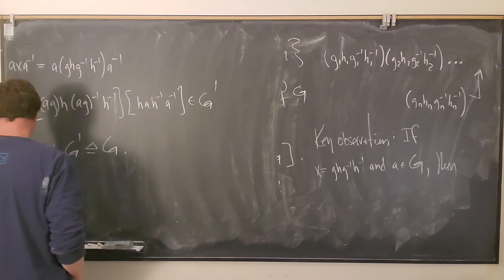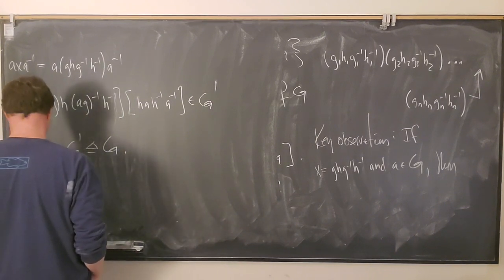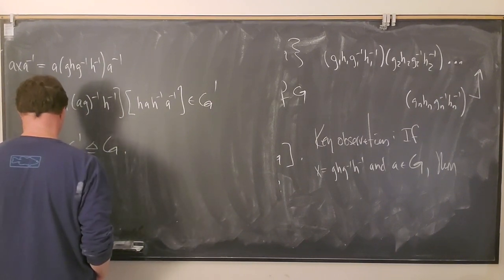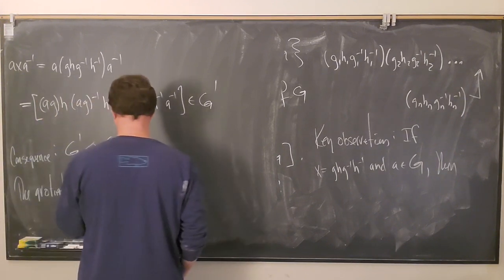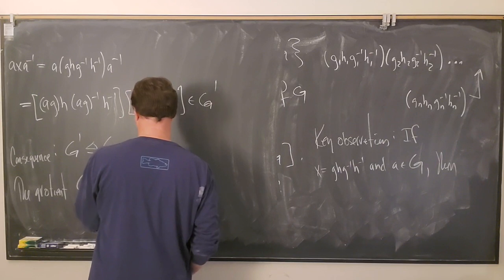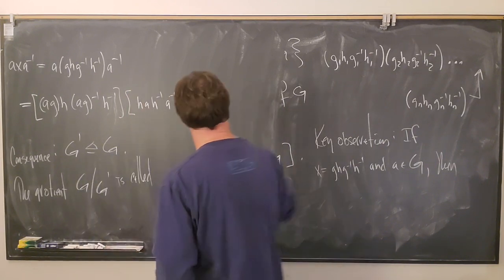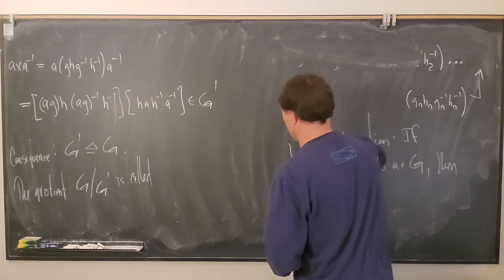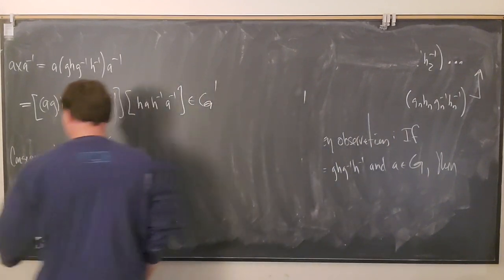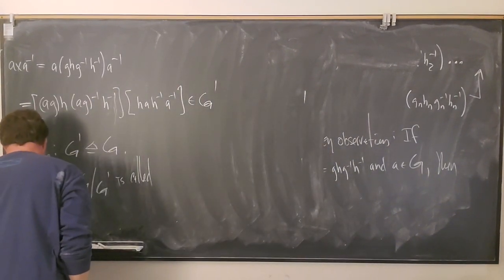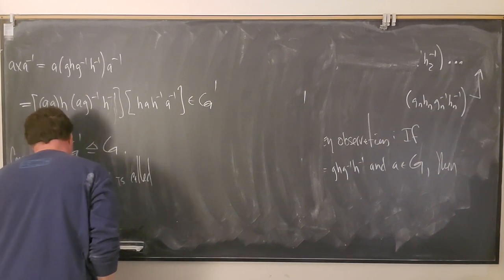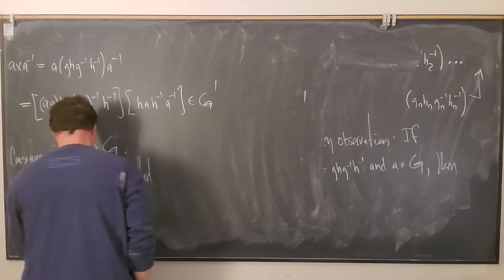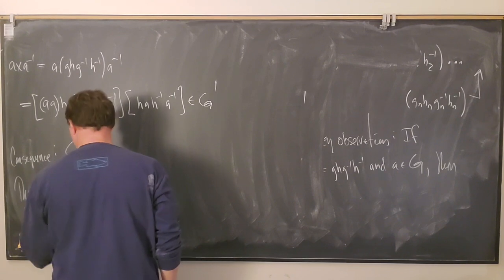The quotient G mod G prime is called the abelianization of G.